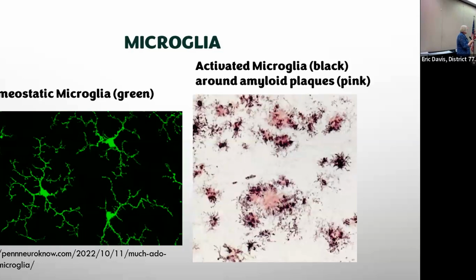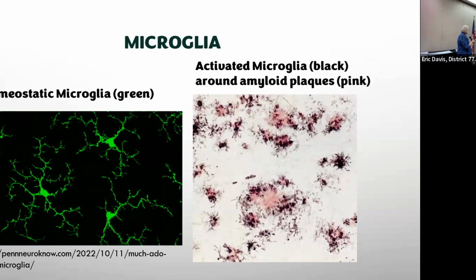When the amyloid plaques come around, again stained with this pink stain, the microglia are trying to cope with all of this amyloid. And so they go near it, they surround it, they become activated, they try to phagocytize or take in, they eat, they engulf the amyloid.